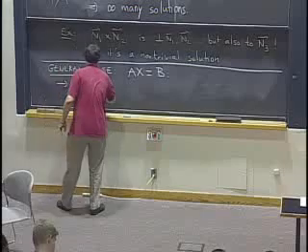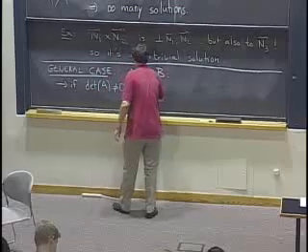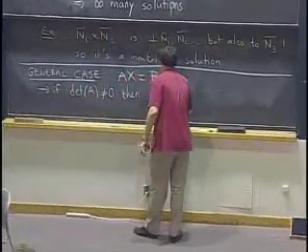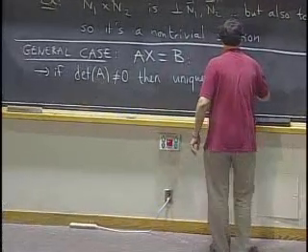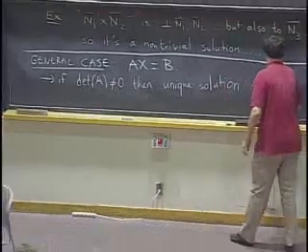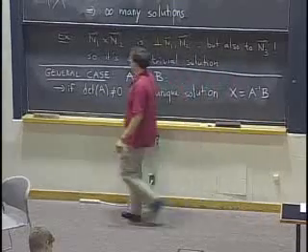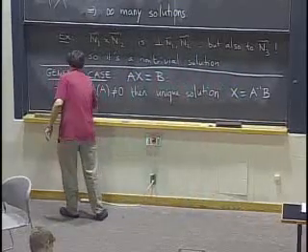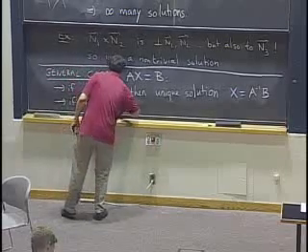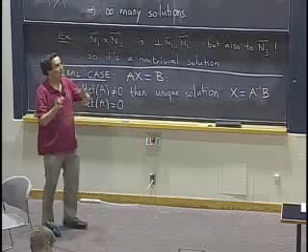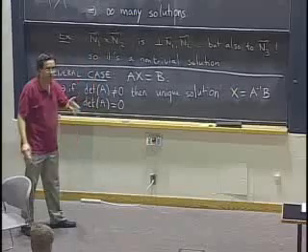If the determinant of A is not 0, then there's a unique solution, namely X equals A inverse B. If the determinant of A is 0, then we have this situation with planes that are all parallel to the same line.